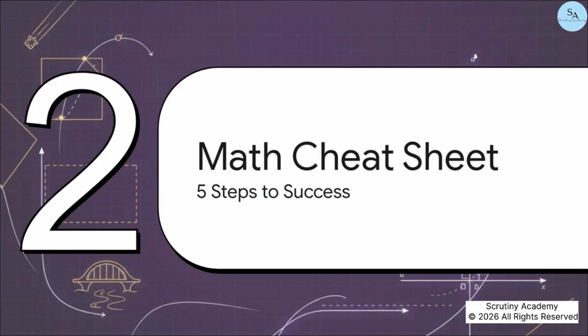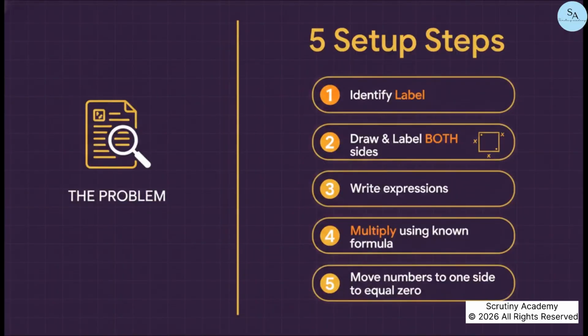Section 2, the math setup cheat sheet. We've covered a lot of ground today, haven't we? To wrap up, I want to give you a quick tool you can take right into any exam to eliminate math anxiety once and for all. Here are 5 foolproof steps to setting up any quadratic word problem. First, separate the noise. Clearly identify your givens and exactly what is asked. Second, and this is your surprise trick for exams, always draw the physical shape and visually label both sides.